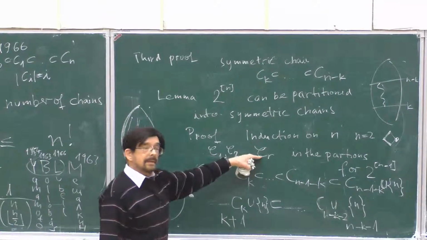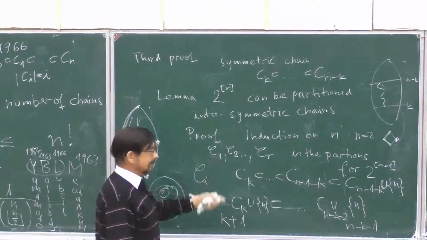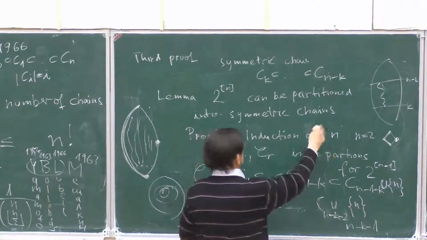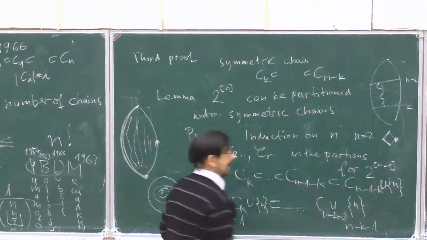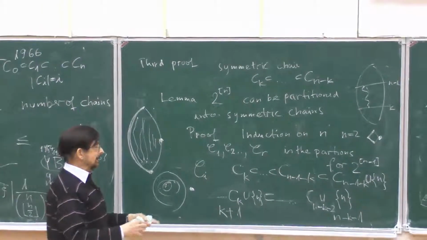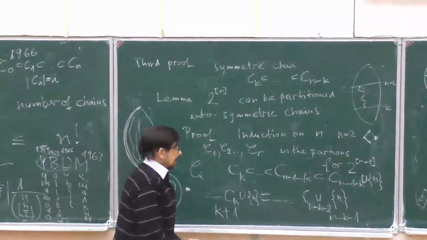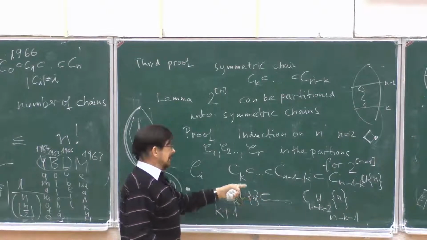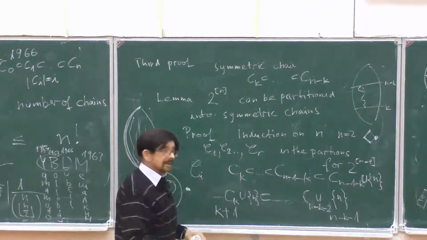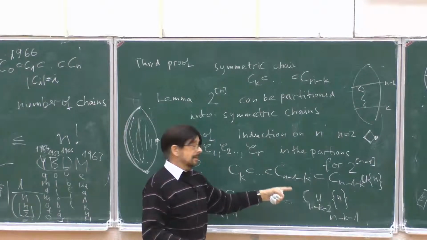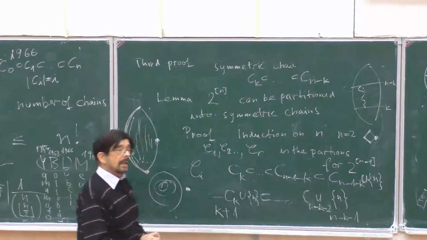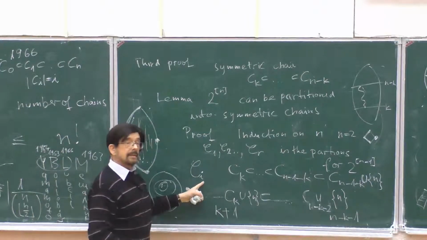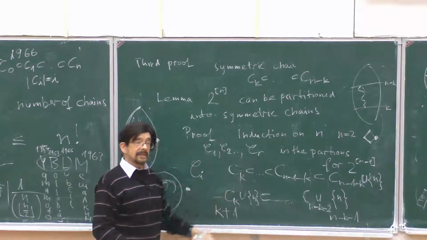So we had a system of chains which gave a partition for this one. So every set was exactly in one chain. So what can we say about these ones? These chains are symmetric, disjoint. So these two are disjoint. But we make it for all C_i, all the chains in this partition.